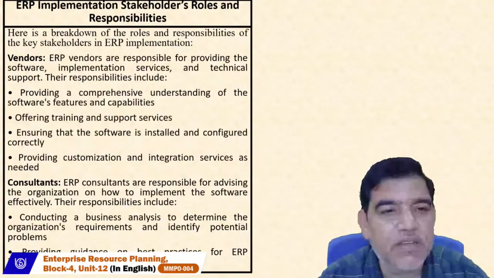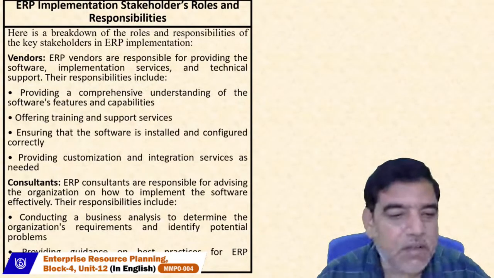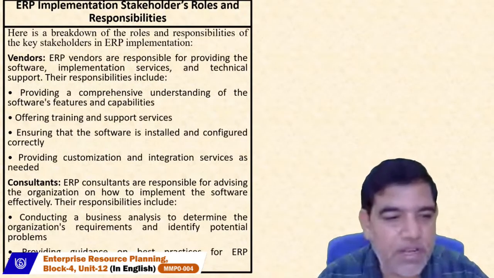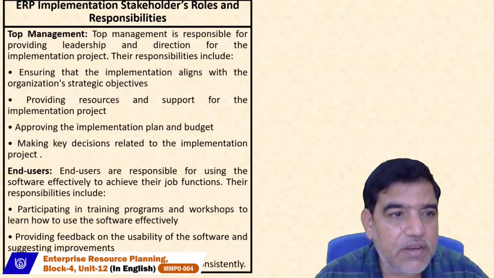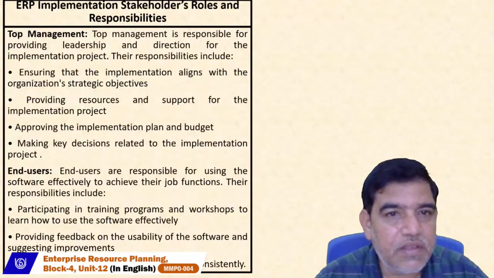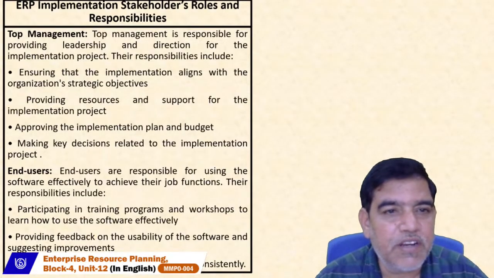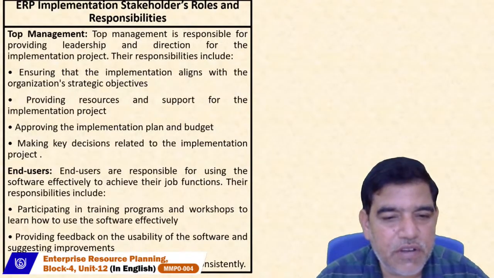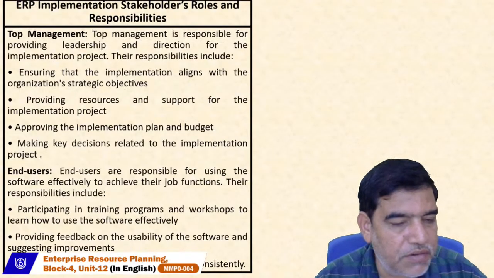Consultants are responsible for advising the organization on how to implement the software effectively. Then top management. The top management is responsible for providing leadership and direction for the implementation project. And end users. The end users are responsible for using the software effectively to achieve their job functions.